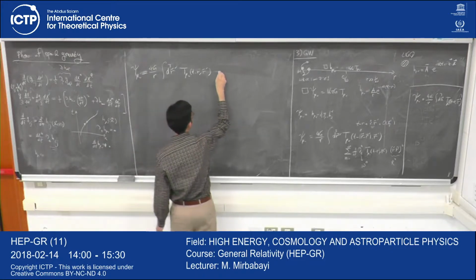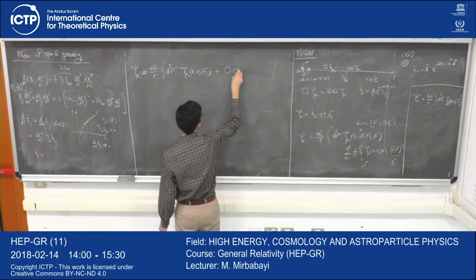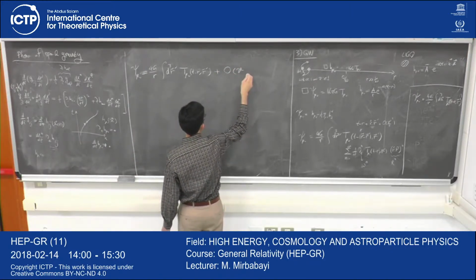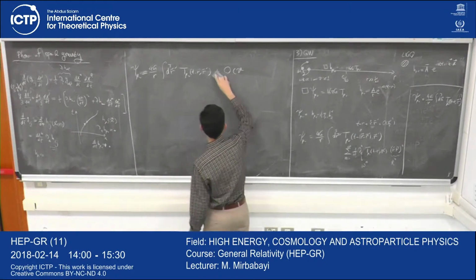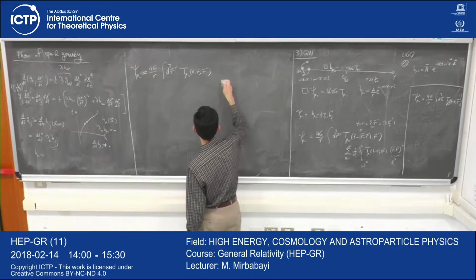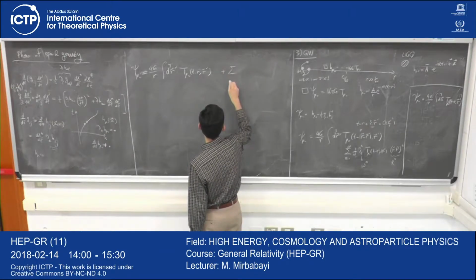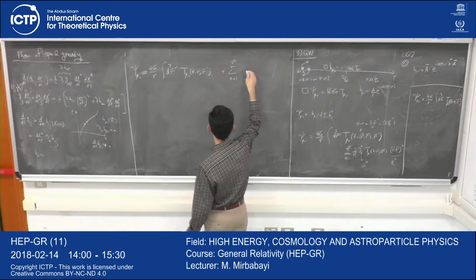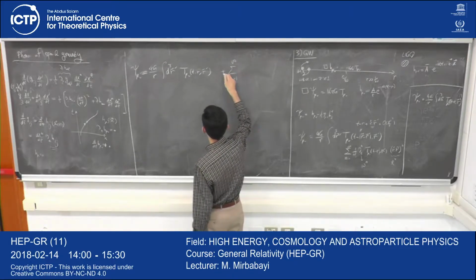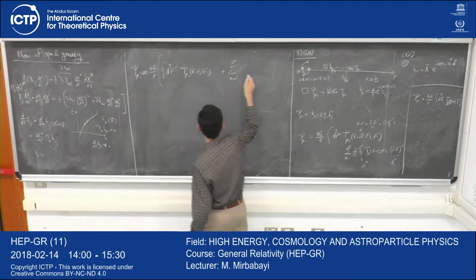So this is the first term plus corrections, which are suppressed by powers of velocity. So I write it as n equals 1 to infinity. So this is n equals 0 in that expansion, and then the relativistic higher order corrections.